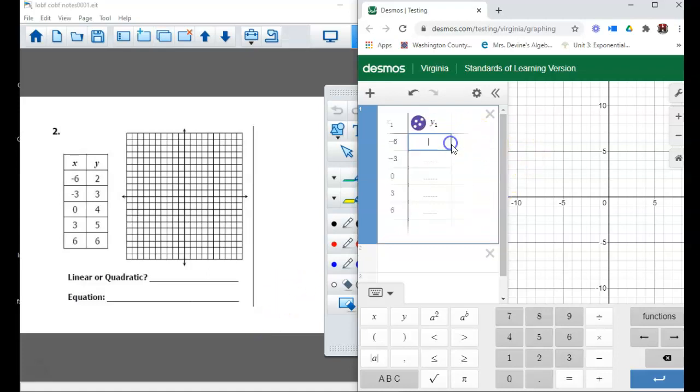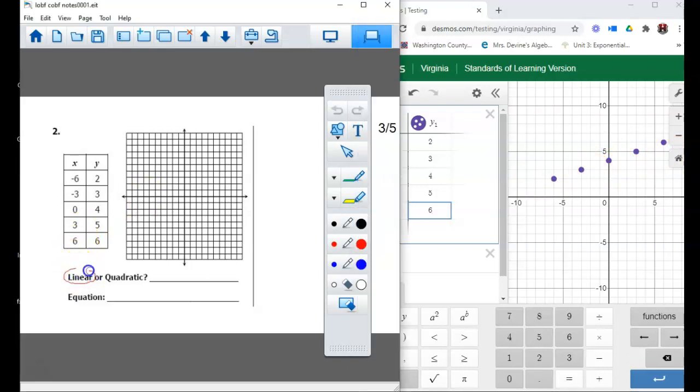Now I'll click over here on my y's and I'll type in 2, 3, 4, 5, and 6. All right, now when I look at my graph over here, I see those points making a line. So this is a linear function.